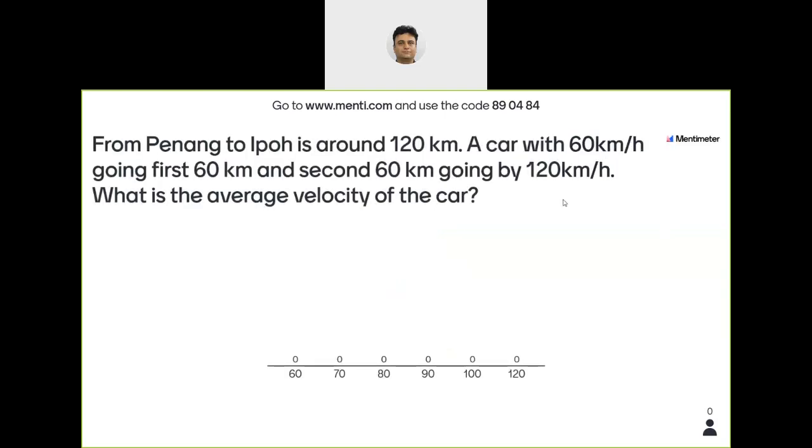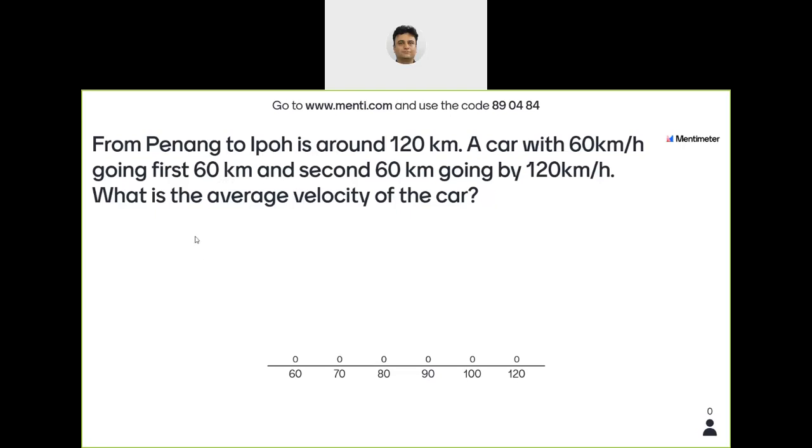Okay, in this question, from Penang to Ipoh is around 120 kilometers, I think so.